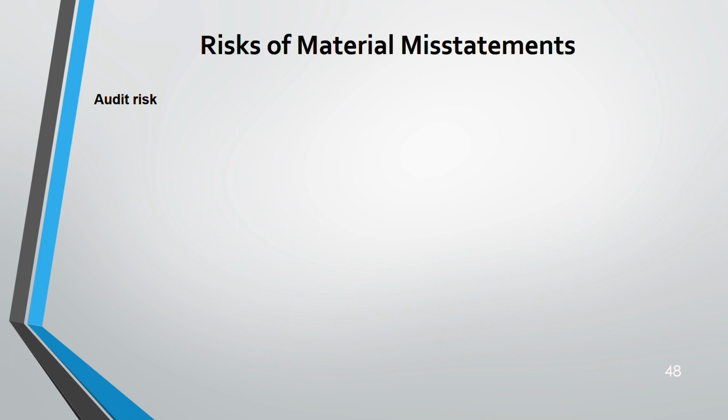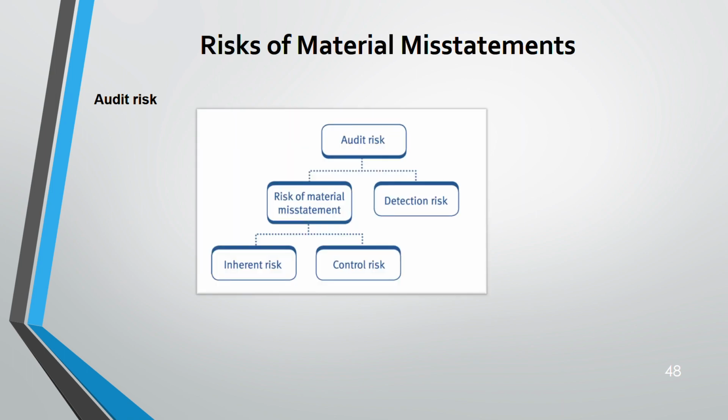Now, moving on to audit risk. Go through this diagram very carefully. This is what you need to remember throughout your AAA. Audit risk comprises two risks. One is risk of material misstatement. The other one is detection risk. Risk of material misstatement we have just covered. Detection risk we are going to cover now.